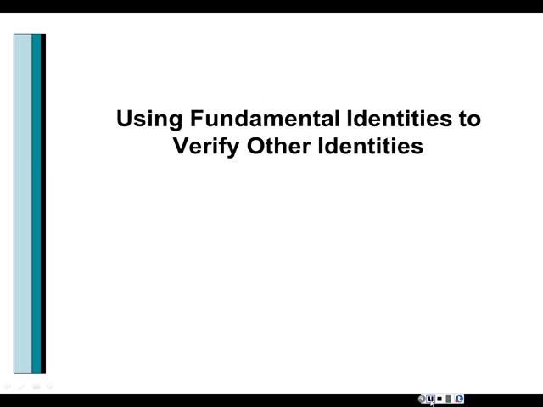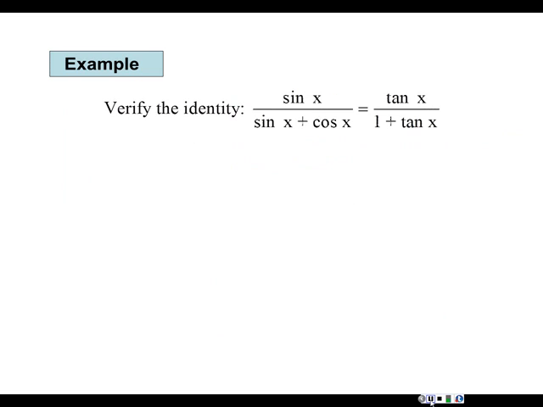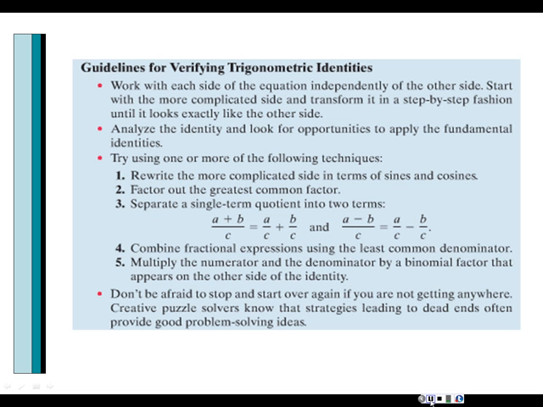All right, so we looked at a couple of ones, and I'm sure that you will also have to go over a lot of similar ones in the homework. So these are some guidelines for verifying trigonometric identities. Remember, as I said before, these will not give you the solution, because these guidelines are not like do this, do that.